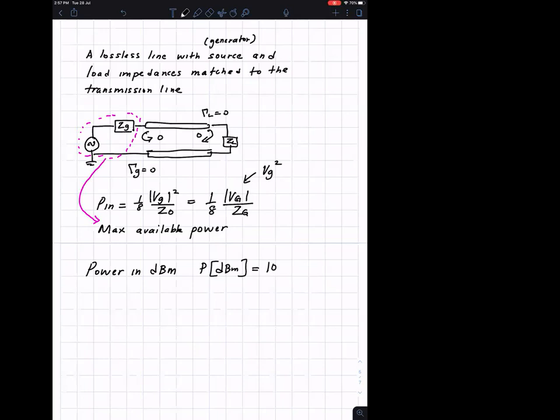Let's say you get something like 10 to the power of minus 8 watts, 10 to the power of minus 3 watts, 10 to the power of minus 5 watts, it's difficult for your mind to see what's going on. But if you convert to dBm, you can easily see it. It's 10 log power in watts divided by 1 milliwatt.